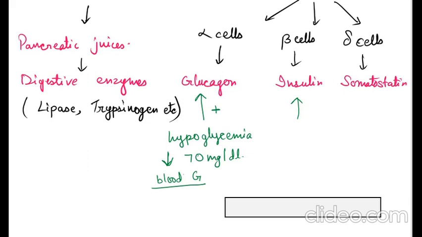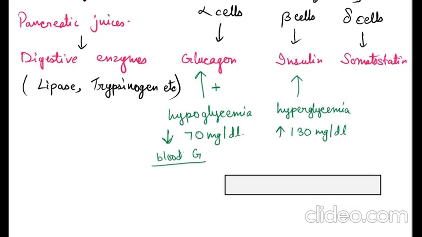In the case of insulin, insulin is secreted when there is hyperglycemia. That means when the concentration of blood glucose is more than 130 mg per dl. So the question is, what is the normal range?